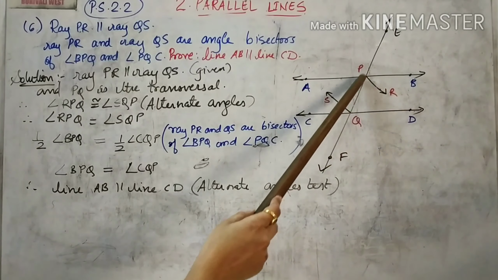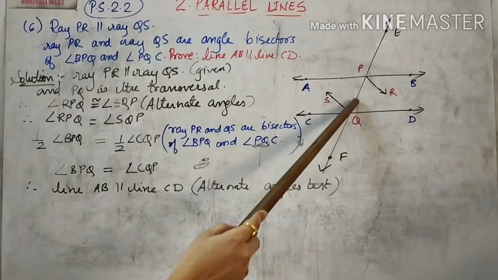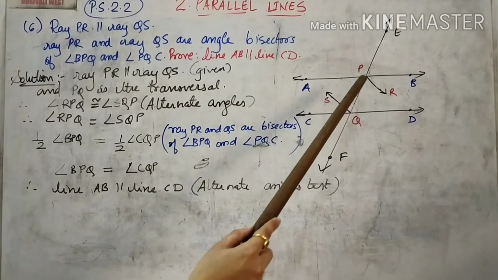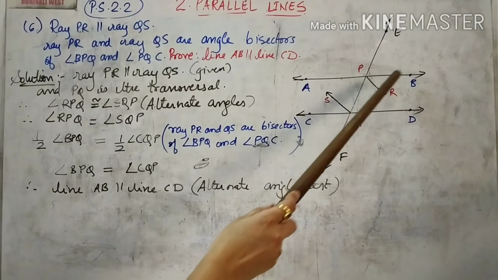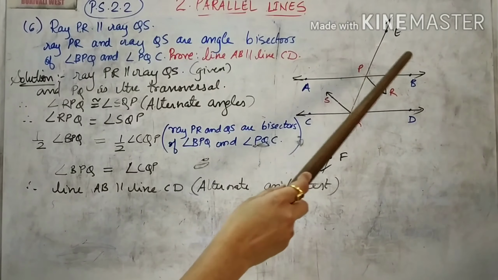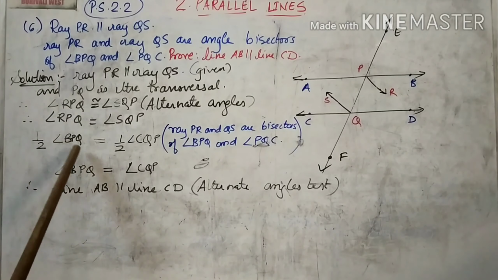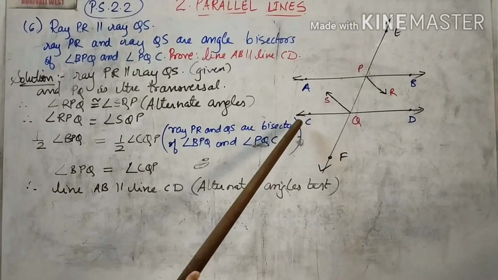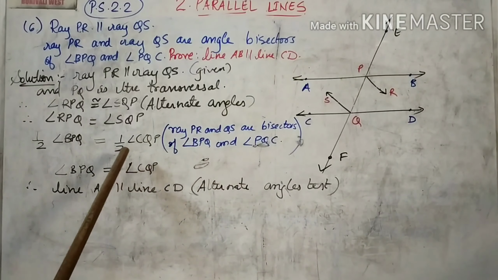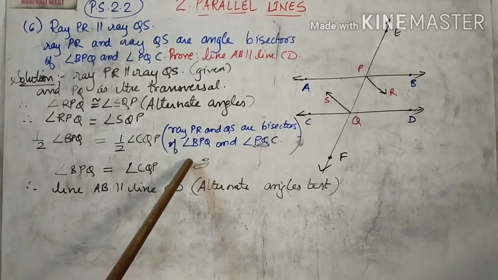Now in the next step, this RPQ is half of this angle BPQ, student, because these are the angle bisectors. So this and this is going to be equal, and this is going to be half of this bigger angle. So I'll say therefore half of angle BPQ is equal to SQP, which is half of angle CQP. I have to give reason.